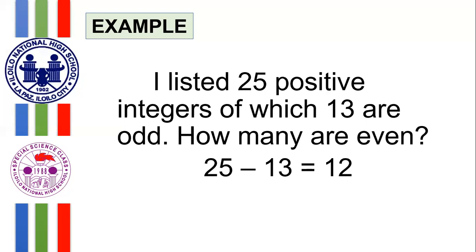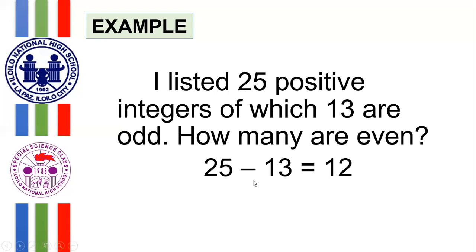I listed 25 positive integers, of which 13 are odd. How many of them are even? So we know that a positive integer could either be odd or even, right? So if 13 of them are odd, then to get the number of even, what do we do? We simply subtract 13 from 25.